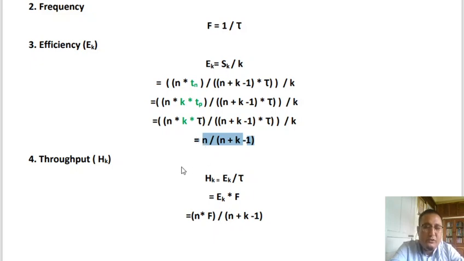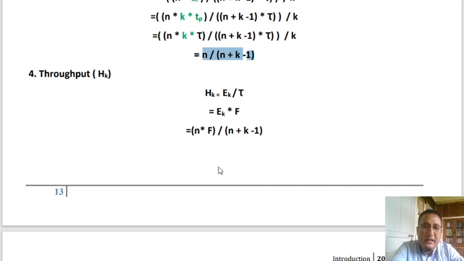Now likewise throughput. Throughput is nothing but efficiency by the execution time, that is tau, right? 1 by tau is nothing but frequency. So throughput is equal to efficiency into frequency.